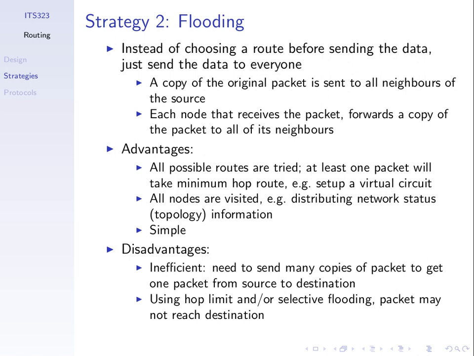That can be an advantage or a useful feature because one of those packets will take the minimum hop path. If a packet traverses all possible paths, one of them must be the minimum hop path. We can use that for things like setting up a virtual circuit, choosing a path with the least number of hops. So that's a useful feature with flooding.